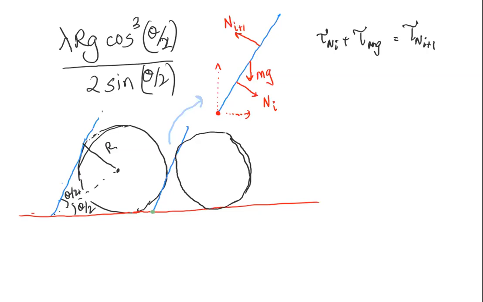And if I were to draw a vertical line here, and a line to this point of contact, and a line here, then what would this angle become?